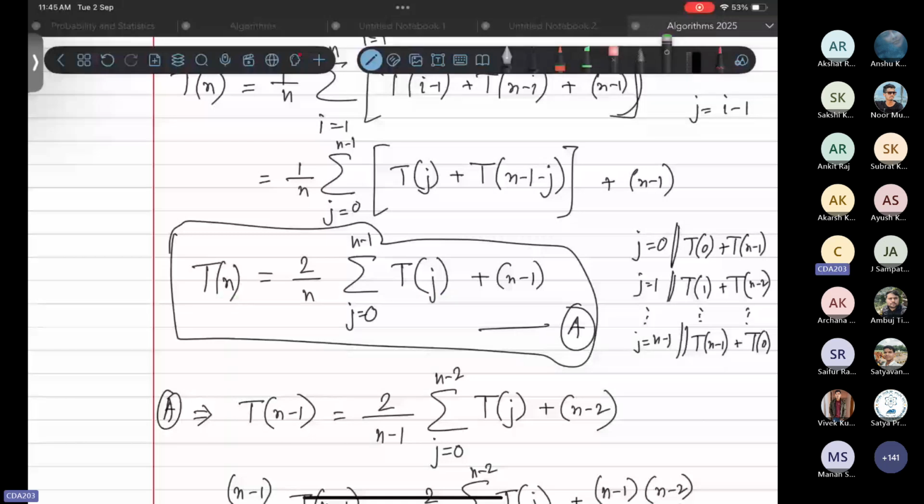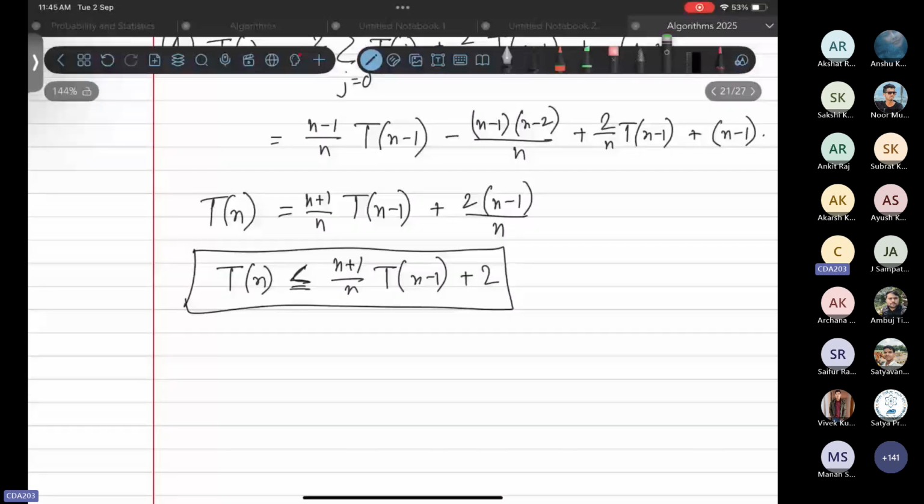But what we have done here, now if we look into this last equation, this Tn is now dependent on only just the previous term, Tn minus 1. Right? That's the benefit of doing all of this. Okay. So now things are much easier.